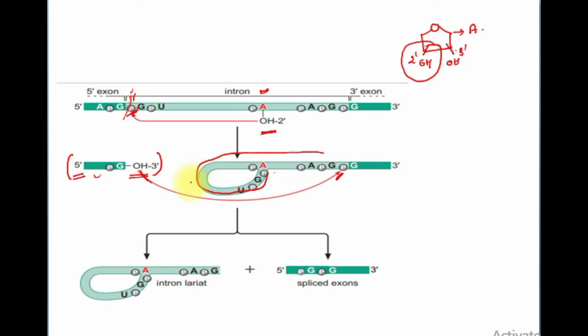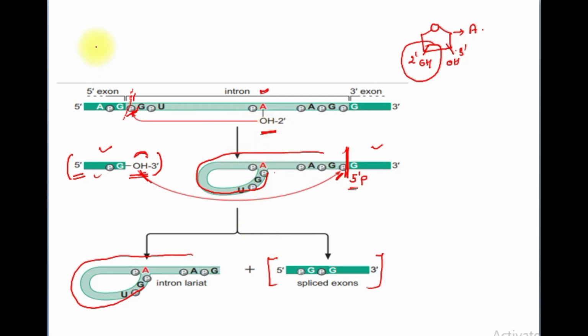When it does the nucleophilic attack, there will be a cleavage, so that the intron is removed completely in a lariat-like structure. You can see here the total lariat-like structure, which is the intron, being removed, and here we have two exons ligated. This exon and this exon are ligated because here we have a 3' OH group and here a 5' phosphate group. This 3' OH group will be ligated with this 5' phosphate group.